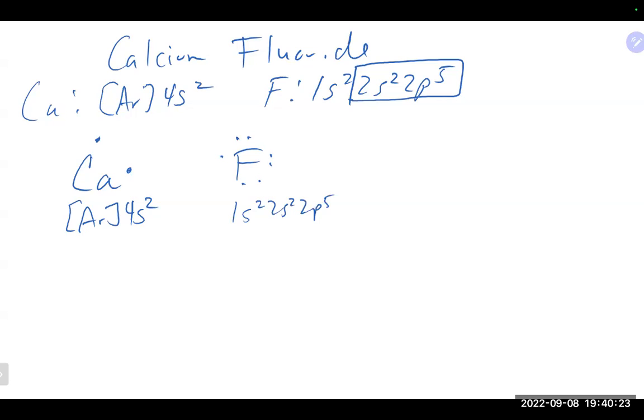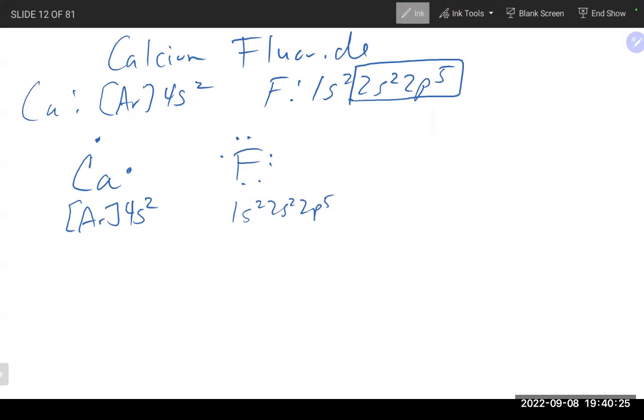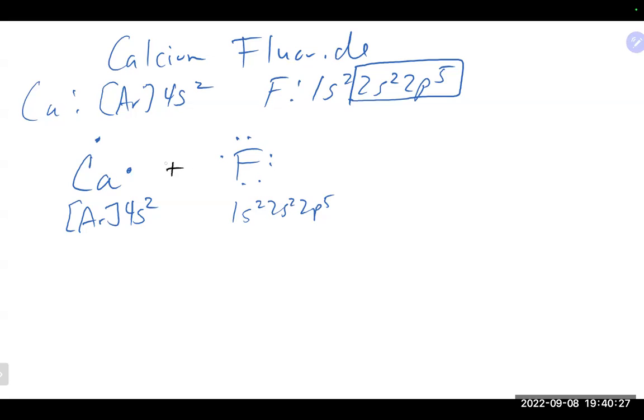So now in this case, when we put these guys together, our calcium is going to give away its electron here to the fluorine. Now we kind of run into a little bit of a situation. Can the fluorine take any more electrons at this point? That fluorine is now filled, right? It cannot take any more electrons.